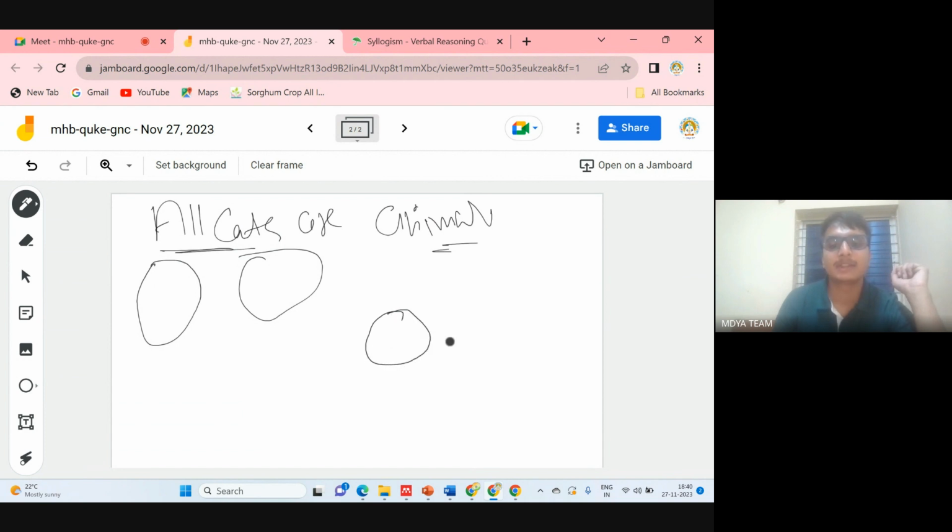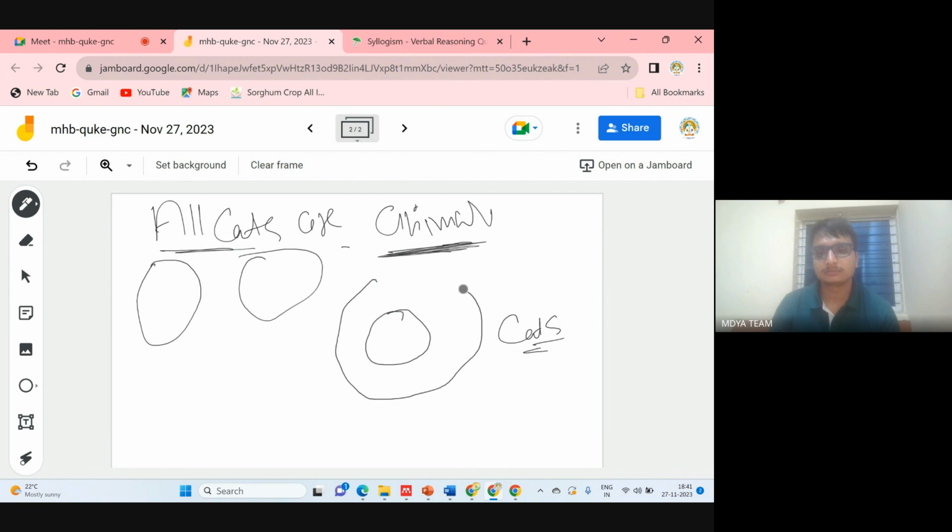This circle is representing cats. Cat is a subcategory that comes under the bigger category, animal. So this is cats and this is animal, because cats are a category coming under the bigger category of animal.